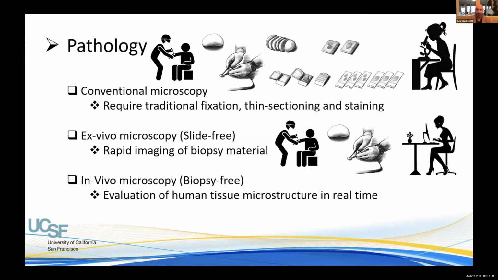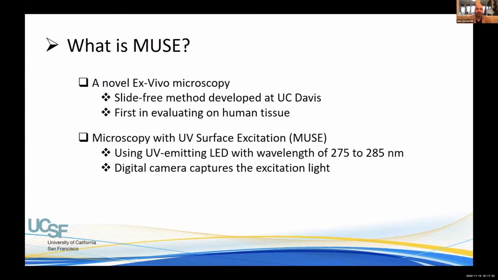It's a biopsy-free method, and you can examine the tissue while it's attached to the human body. So what is Muse? Muse is a novel ex vivo, slide-free microscopy method developed at UC Davis, as I mentioned. We were the first group working with this microscopy on human tissue.